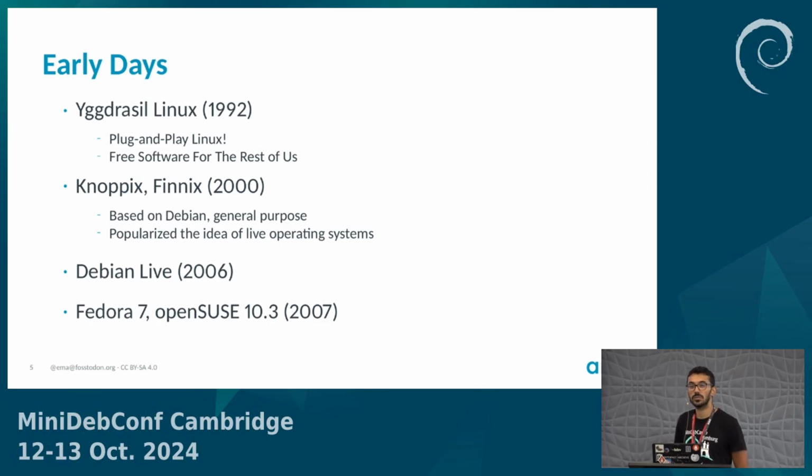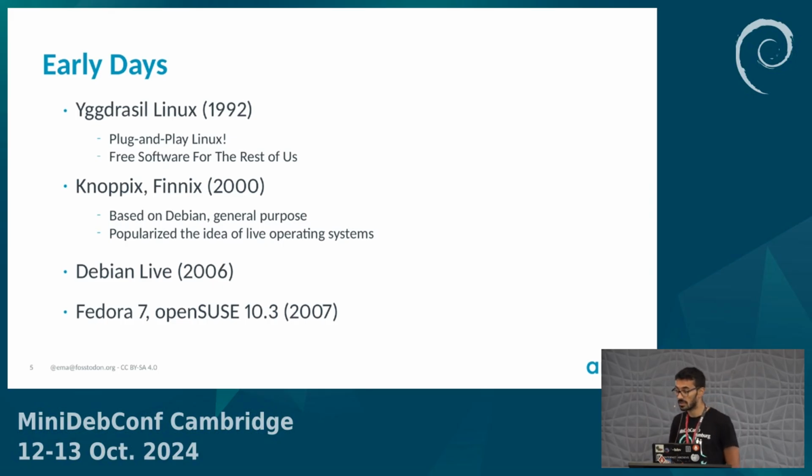And then what really popularized the concept of live distros was Knoppix or Phoenix, which many surely know. Both of them were based on Debian, general purpose, so they didn't have any specific use case in mind. It was mostly a distro that works and boots, and then you get a graphical system. Lots of people were using them for system recovery.